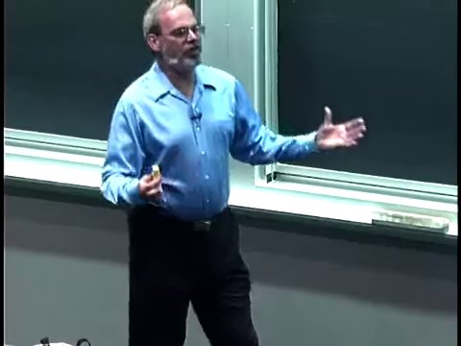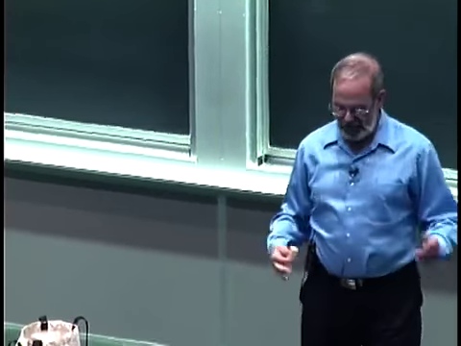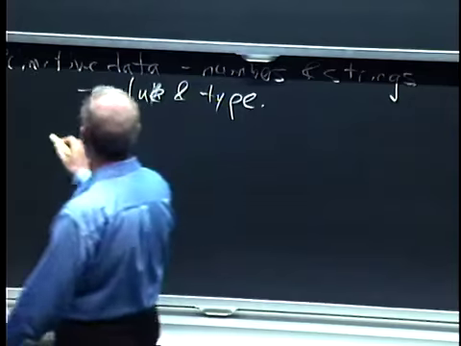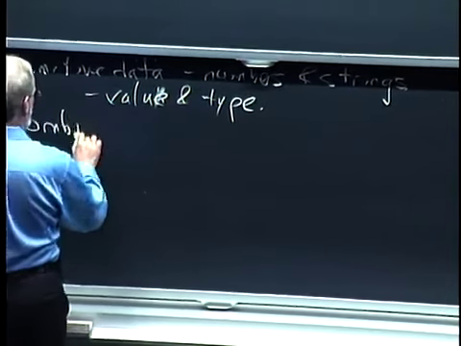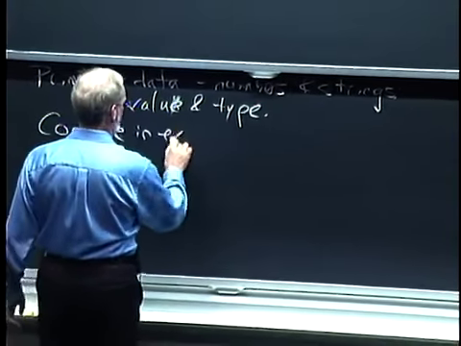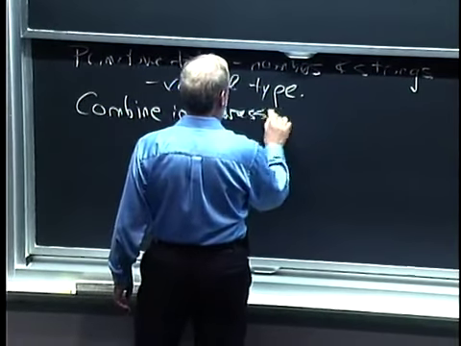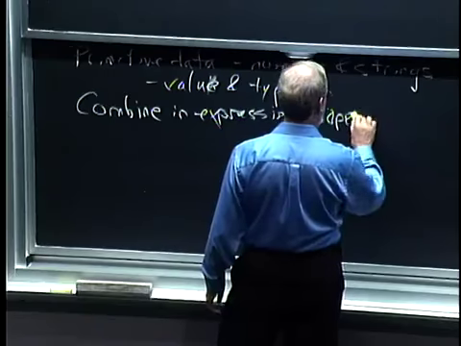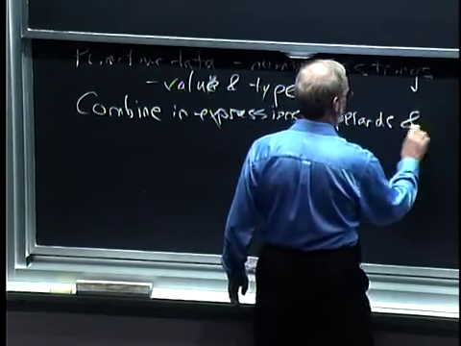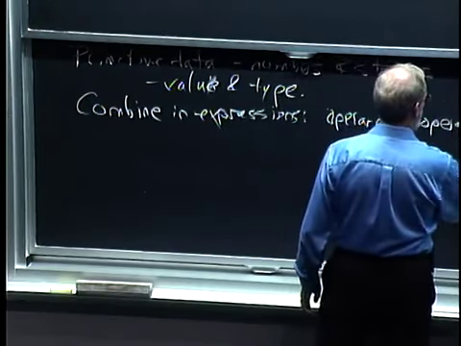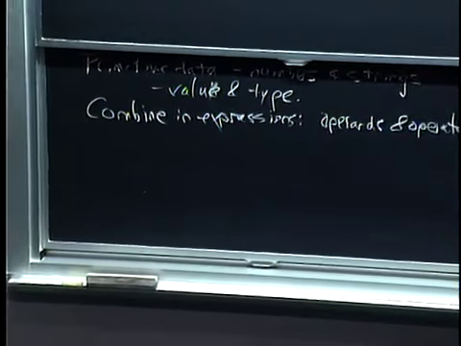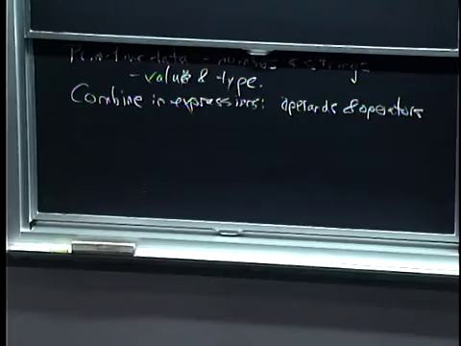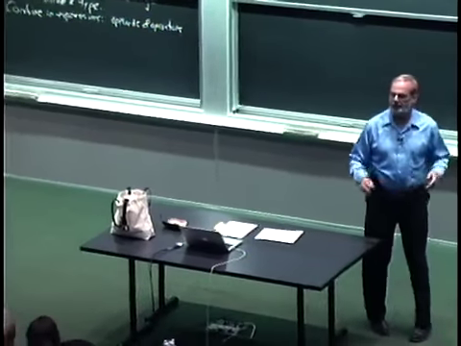All right, once we have them, we want to start making combinations out of them. We want to put pieces together. And for that, we combine things in expressions. And what we saw is expressions are formed of operands and operators.